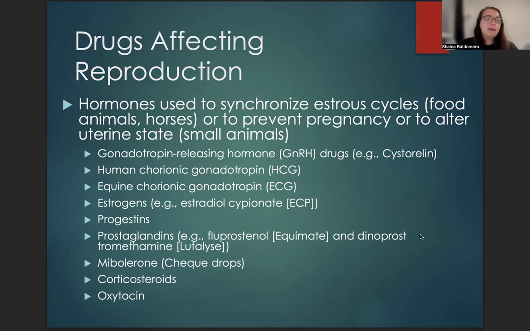Now, that being said, it is its own specialty, reproductive medicine. These are doctors that specialize in reproductive sciences, and there is space for it in large and small animal medicine.